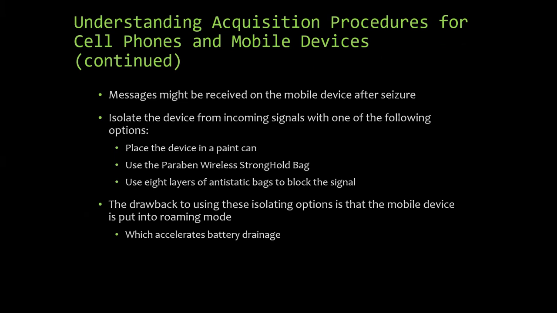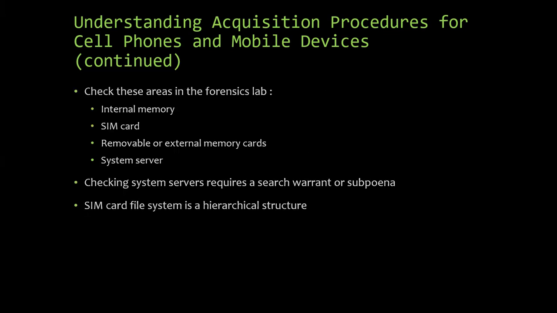So we either place it in a paint can or a Faraday bag, or a Paraben wireless stronghold bag, which uses 8 layers of antistatic material to block the signal. But the drawback of using this technology to block the signal is that it forces the mobile device to search for signal and therefore drains the battery even more.